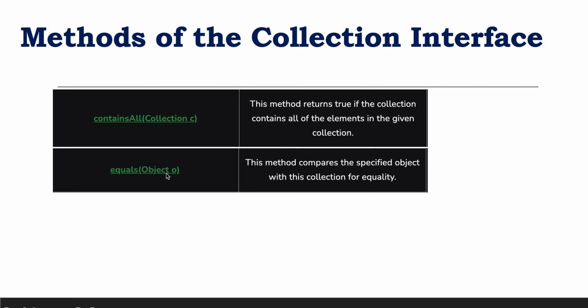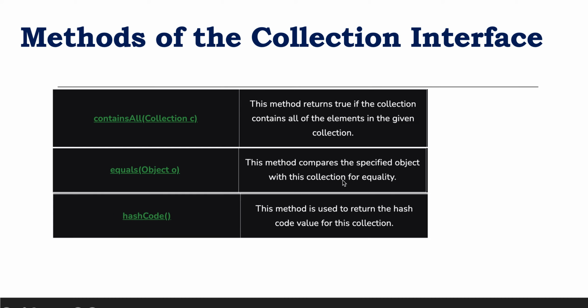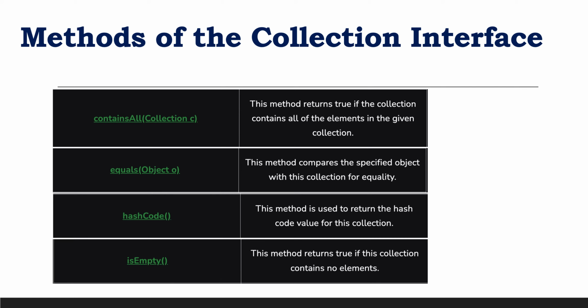The next method available in the collection interface is equals. As the name itself suggests, this method compares the specific object with the collection for the equality check. Similar to that, there is the hashCode method, which is used to return the hash code value for this collection. Let's say we want to get the hash code value to check the address or memory location of the object, we can go for hashCode. The next method is isEmpty.